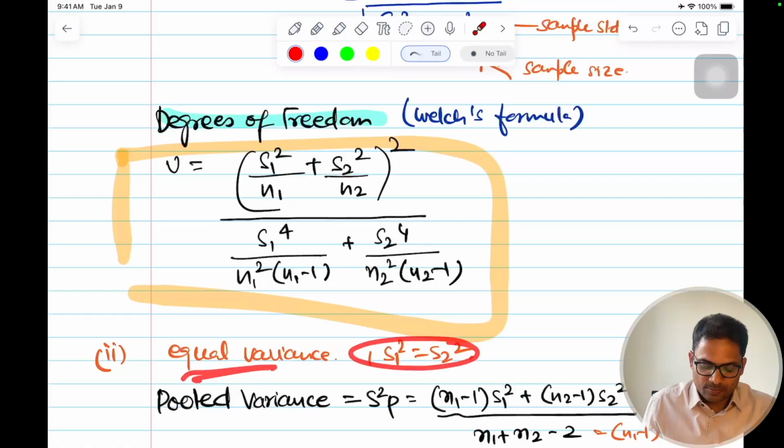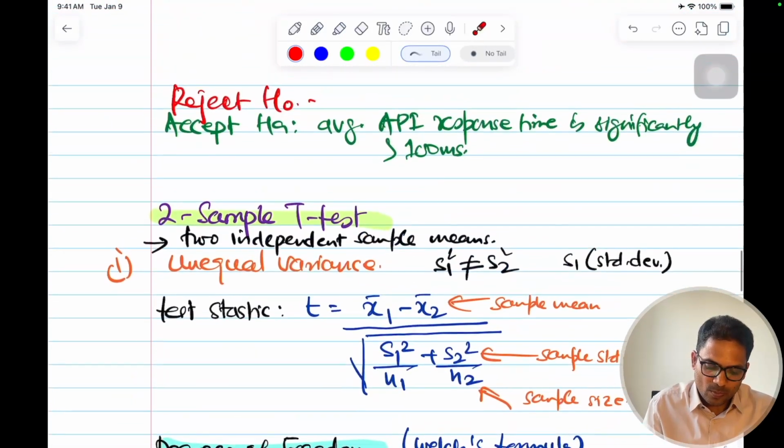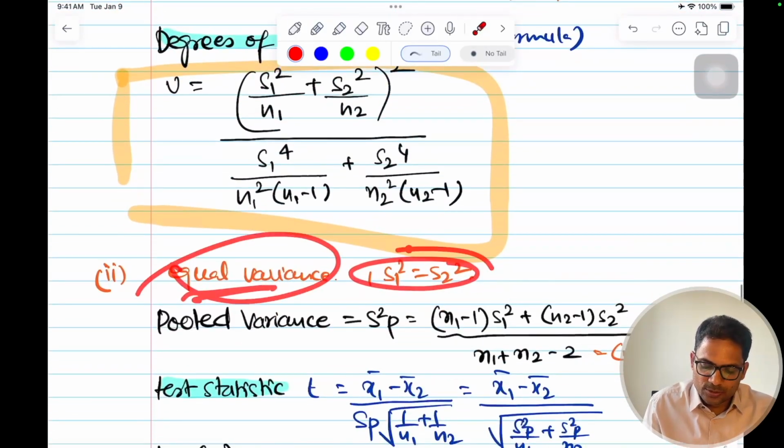The first one was the unequal variance test, the second form was the equal variance test. I'll use this test now.